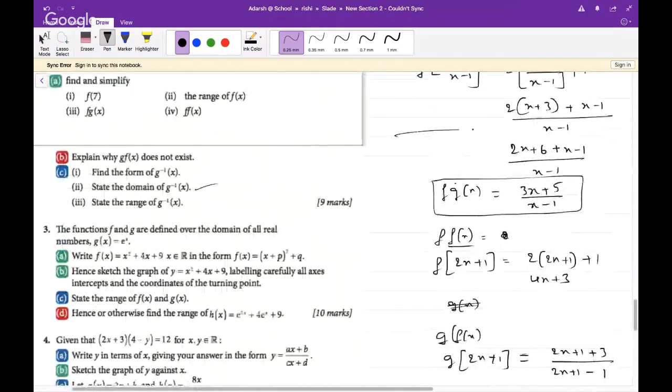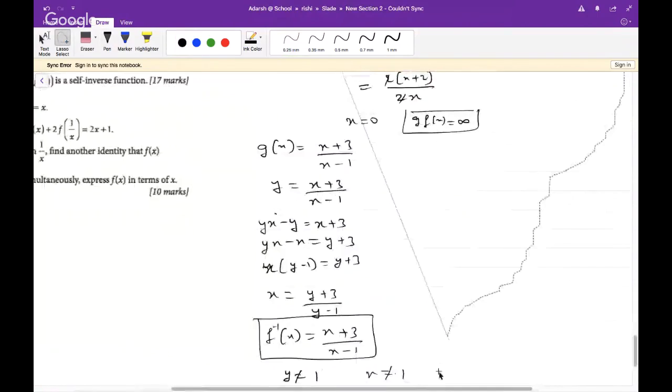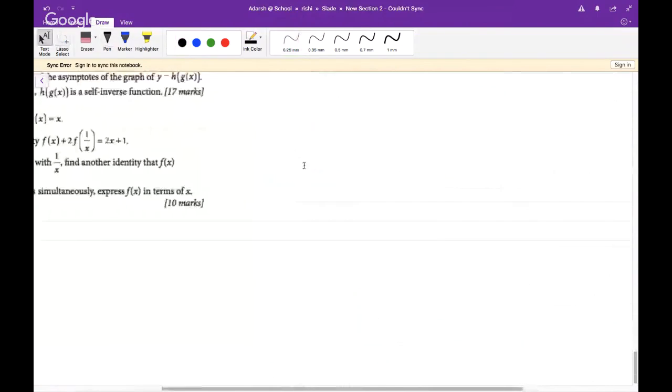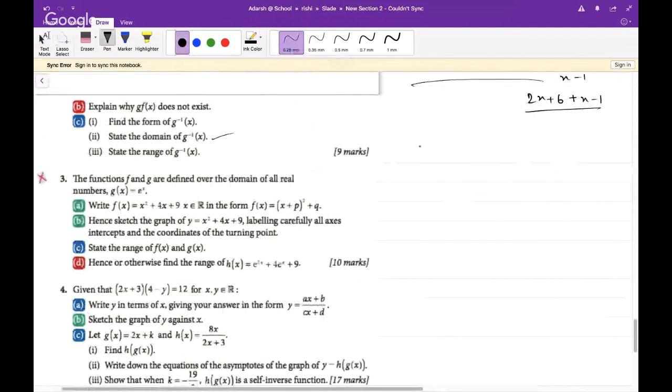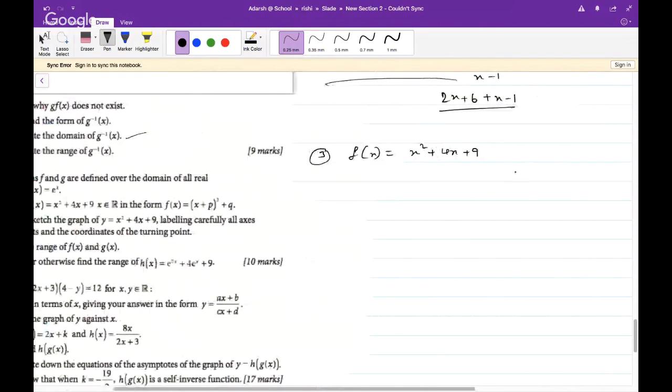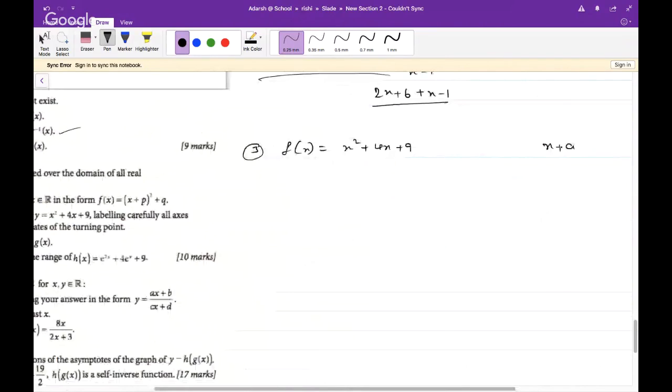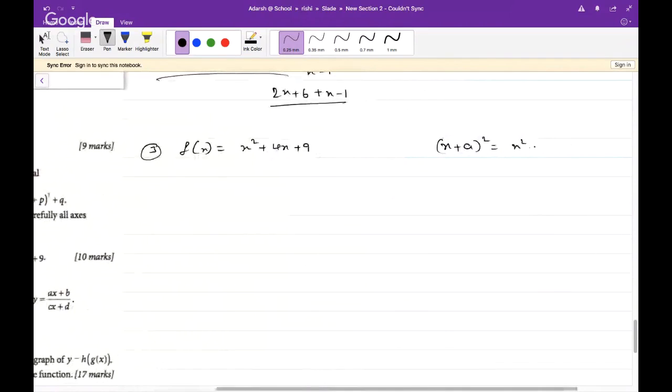Next question. Now f of x is given by this. Now we have to make it in this form. So we need to remember that x plus a the whole square is x square plus 2ax plus a square. Now compare the first two terms with the first two terms here.